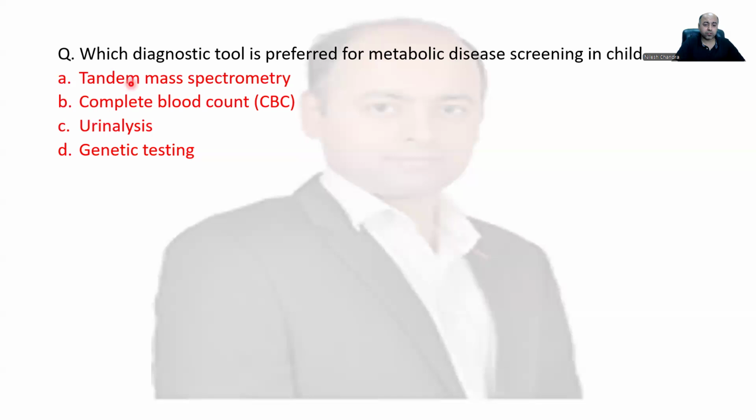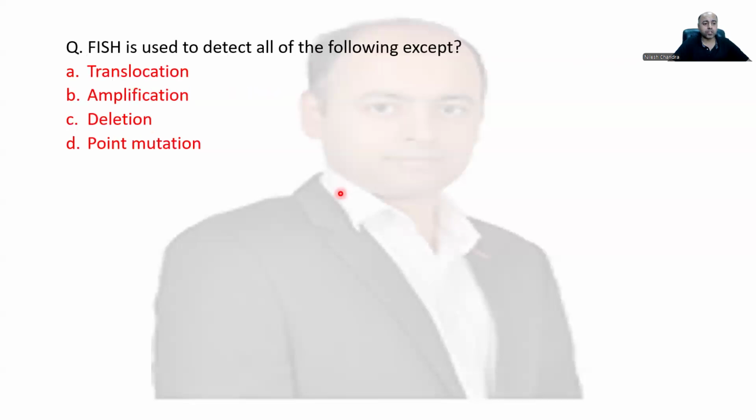In large number of states in the United States of America, up to 40 disorders can be identified with a single dried blood drop. In India, some states have rolled out the testing facility for up to six, particularly in state of Delhi. Others are still contemplating, and a national program running at the level of Ministry of Health is looking at the possibility of rolling out the metabolic disease screening in all the newborns, but it is still in the planning stage, not yet implemented. So here the answer is tandem mass spectrometry.